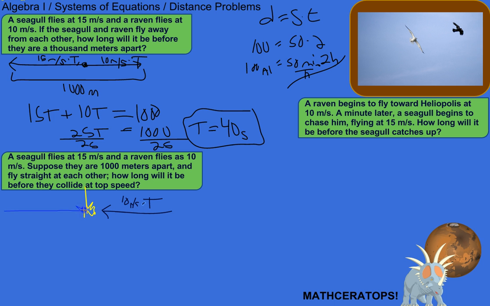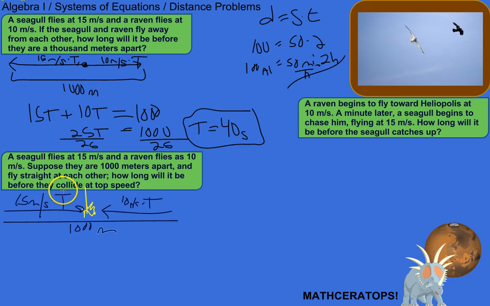Make this longer. The seagull will fly at 15 meters per second for that same amount of time, t seconds, and then they'll crash. And they start out 1,000 meters apart from each other.